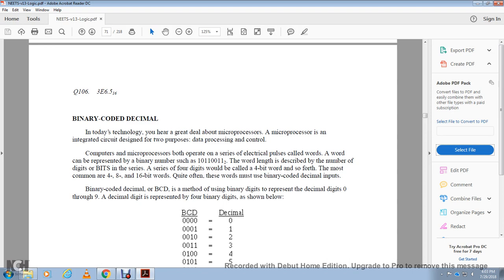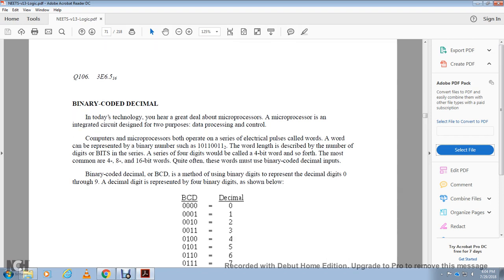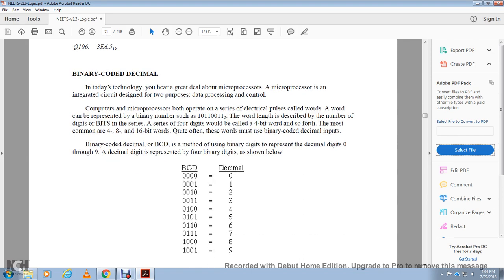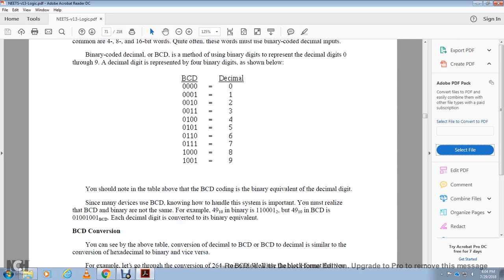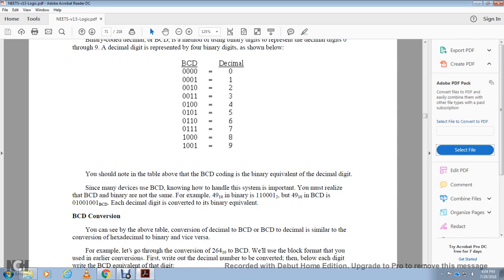Decimal digits represented with 4 binary digits are shown here. In BCD, 0 is 0000, 1 is 0001, 2 is 0010, 3 is 0011, 4 is 0100, 5 is 0101, 6 is 0110, 7 is 0111, 8 is 1000, and 9 is 1001. You should be able to write the BCD coding of the binary equivalent of each decimal digit.